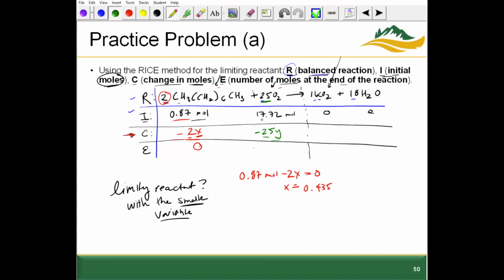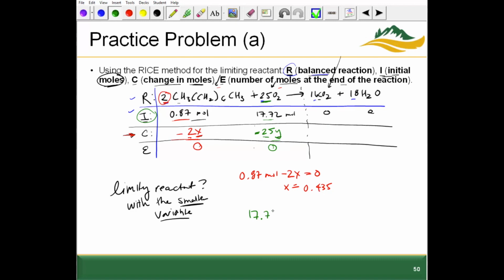Let's try this with oxygen now. We're taking 17.72 moles, the initial amount. The change is minus because it's losing some amount of moles. It's losing some amount to produce these products. If this is a limiting reactant, it's going to also end up with 0. So to solve for y now, and I just arbitrarily assigned x and y. You can use whatever variables you want here.